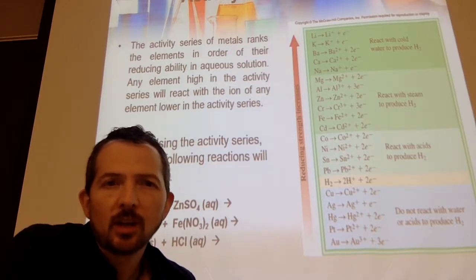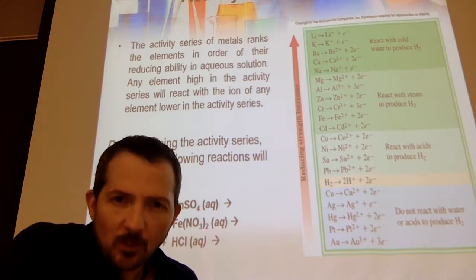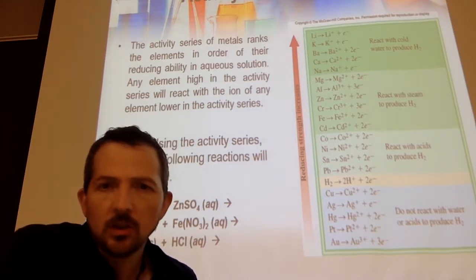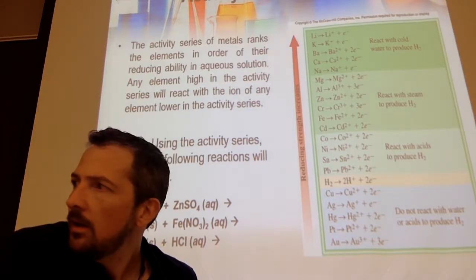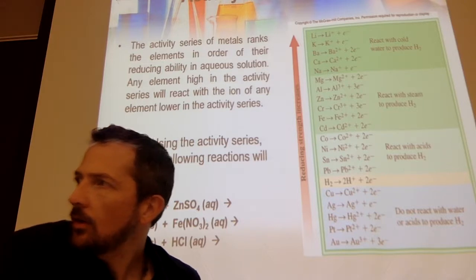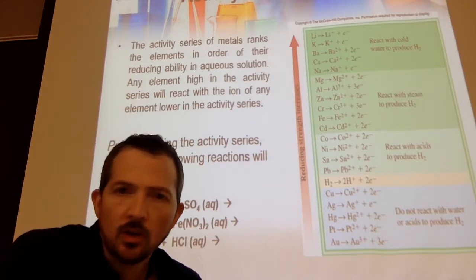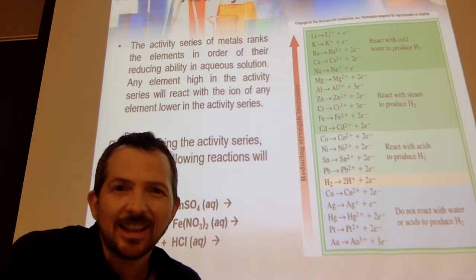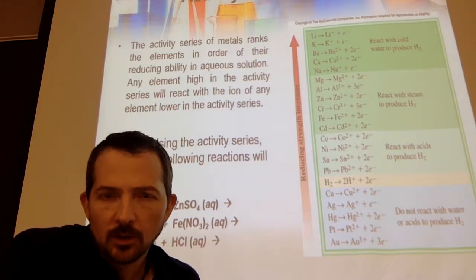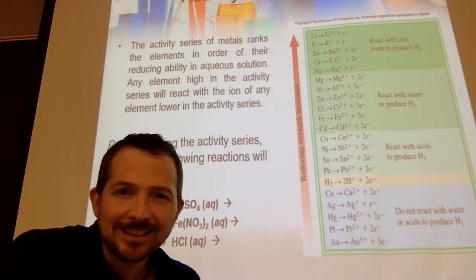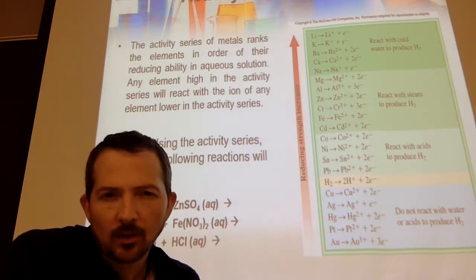So this is really talking about single replacement reactions. Will this reaction happen or not? You can use this table here. You do not have to memorize this table, so I'm not going to give you any problems on the exam where you have to use it. But you may see this problem on your homework or something.